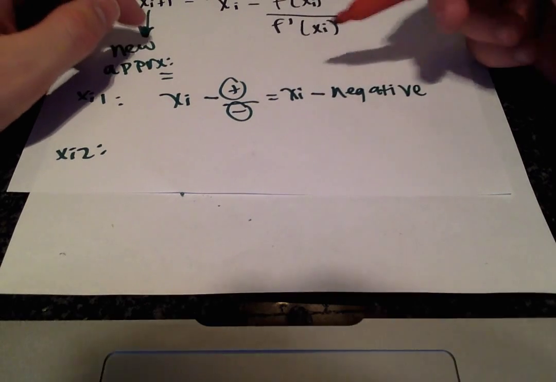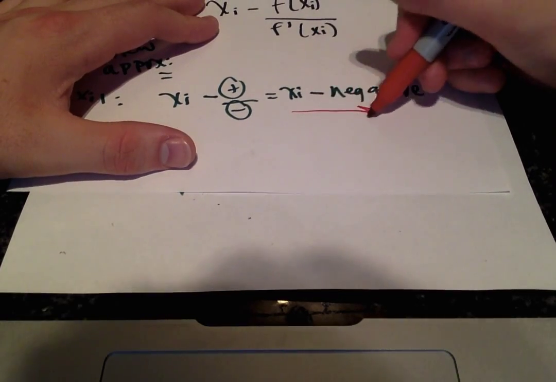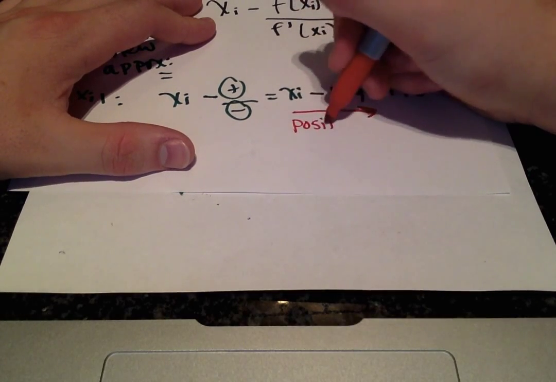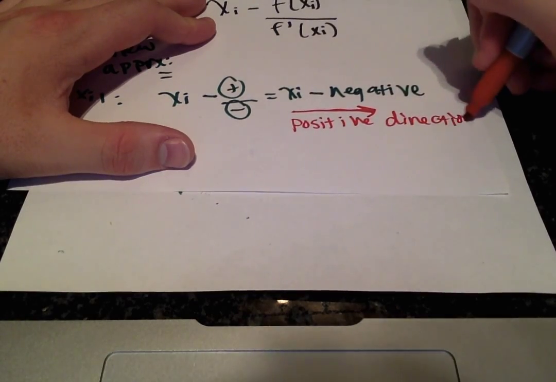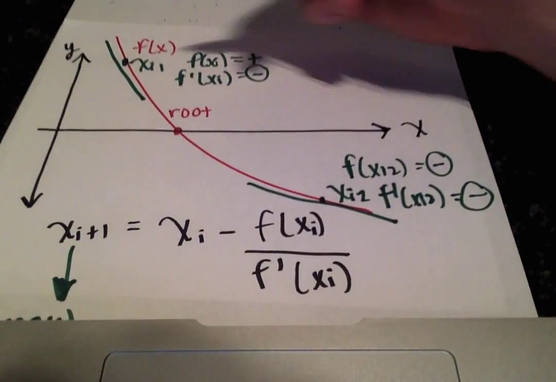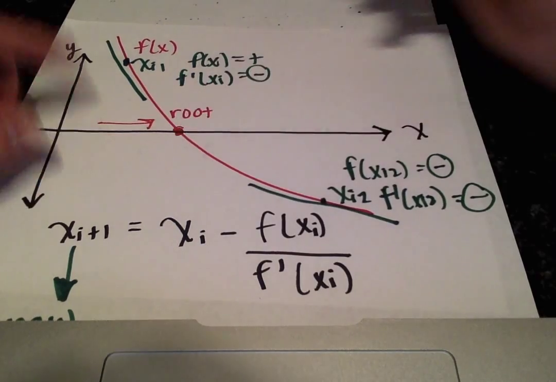And whenever you're subtracting a negative value, you'll get movement in the positive x direction, which should make sense to you, because if we start at x sub i1, we would have to move in the positive x direction to get closer to our root.